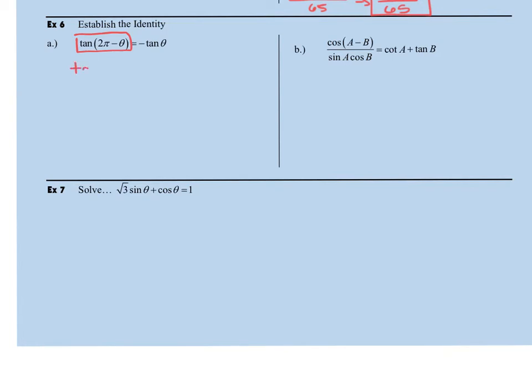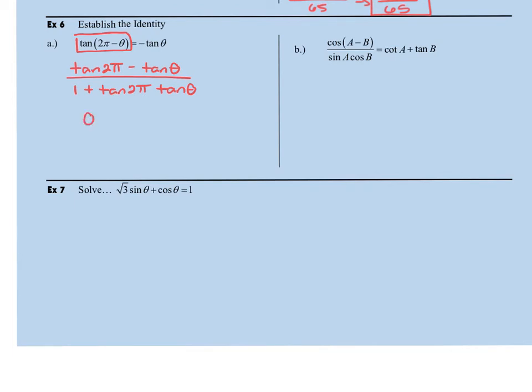So I'm going to say tangent of 2 pi minus tangent of theta, all over 1 plus, remember I flipped the sign in the denominator, tangent 2 pi, tangent theta. Now, of course, tangent of 2 pi is the same as tangent of 0, and tangent of 0 is 0.